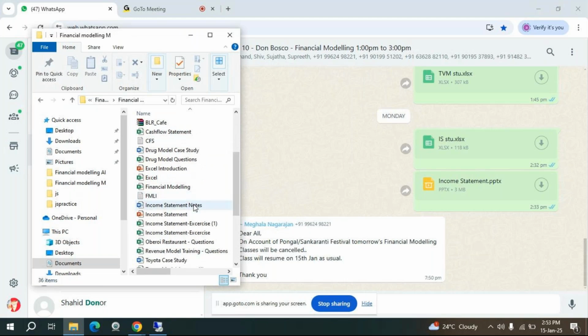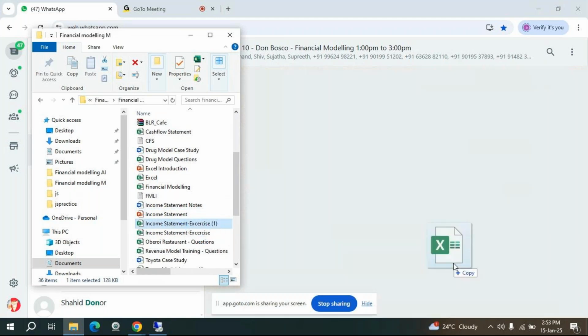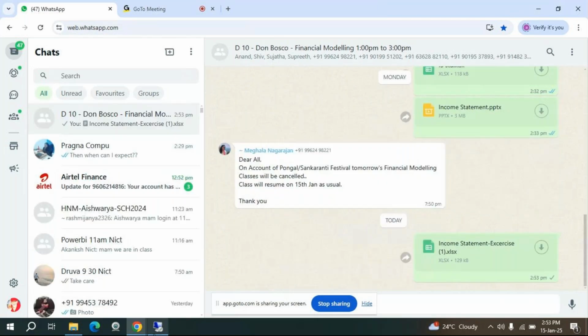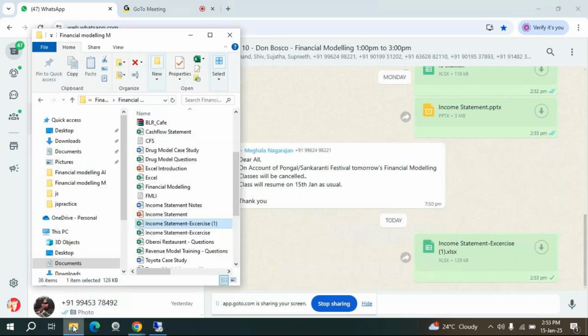This income statement notes and income statement exercises I have shared. Then the cash flow statement.